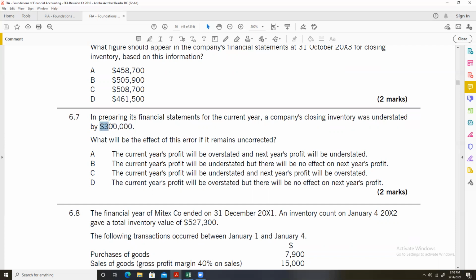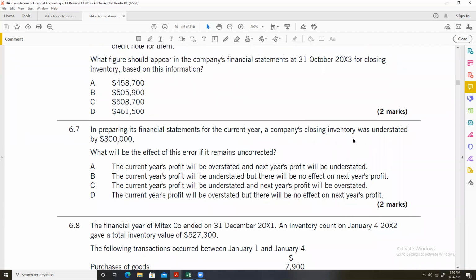By this amount, the value of inventory was understated. Now, what will happen to the current year profit and the next year profit?